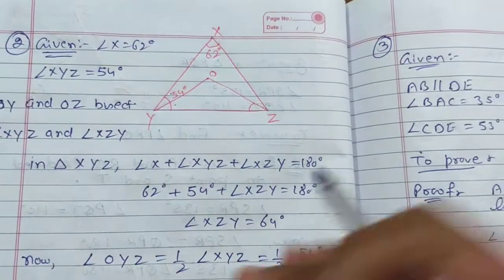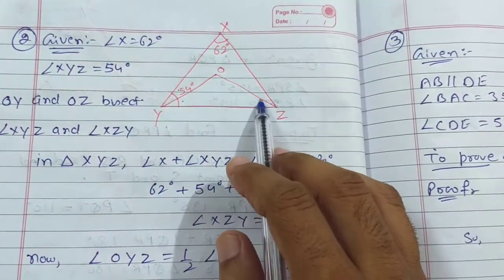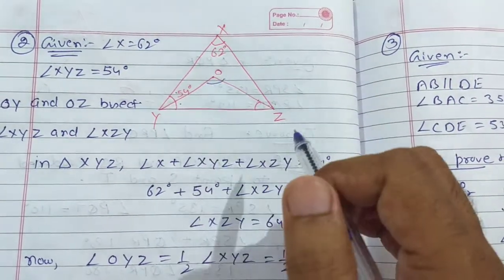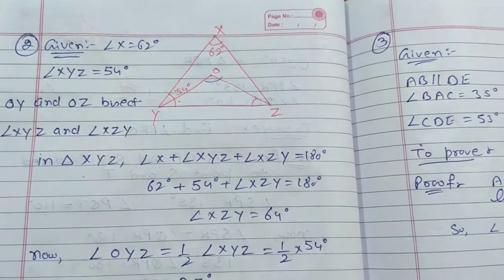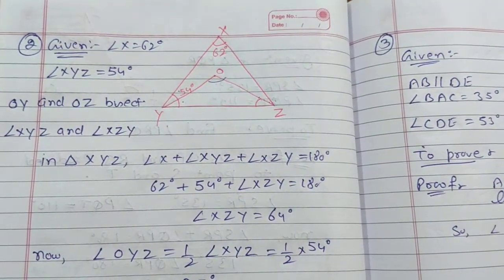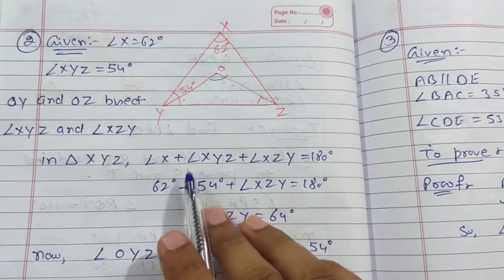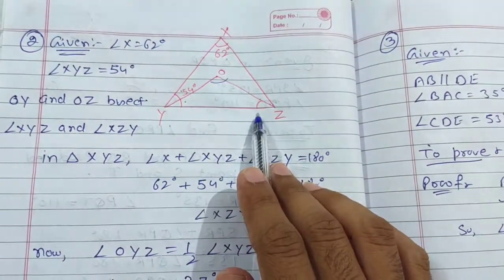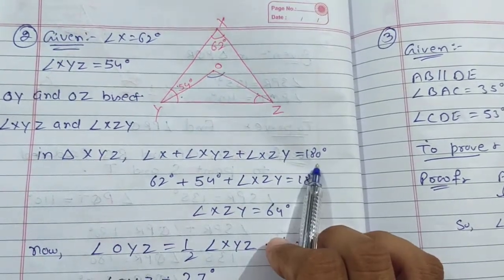Now first of all we have to find angle Z and also this one angle. First of all we find angle Z. How can we find it? We apply the angle sum property. In triangle XYZ, angle X plus angle XYZ plus angle XZY, the sum of these three angles, equals 180 degrees.